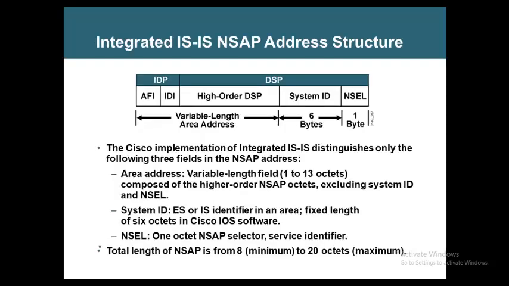See, this is what we just saw. 20 bytes is the area ID. Don't bother about this segregation, it is a waste. We used to use these things separately for a long time, but not anymore. So your area address can be from 1 to 13 bytes. 1 byte is what? 8 bits, an octet. They write 13 octets for 13 bytes. It's all the same. It can be from 1 to 13.